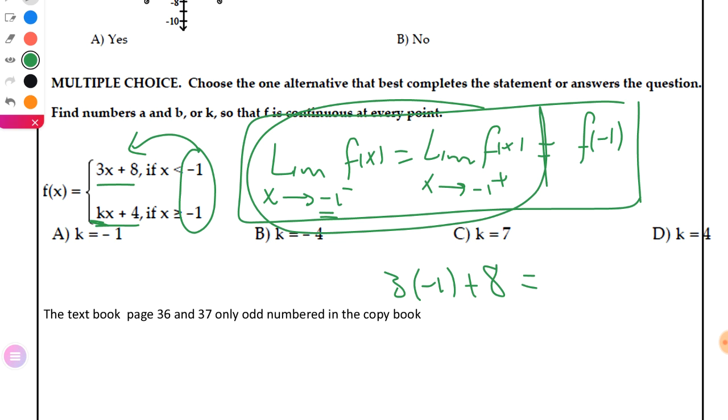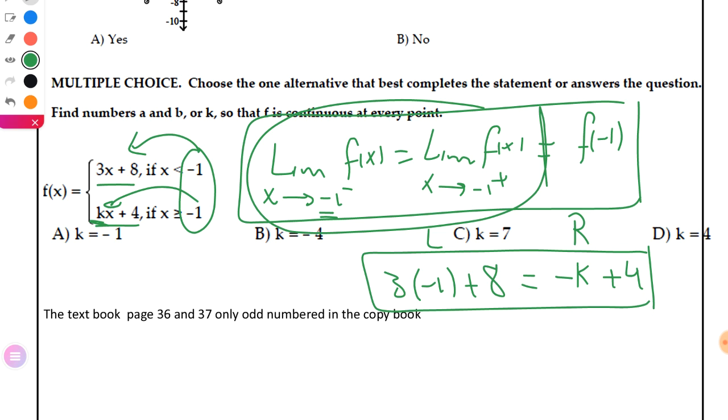Here from the right, replace in this rule because right means x greater than -1. Replace x by -1. It will be -1 multiplied by k, which is -k plus 4. That is the equation I'm searching for. How do we get it? By replacing in the left and replacing in the right. It will be 5 equal -k plus 4.